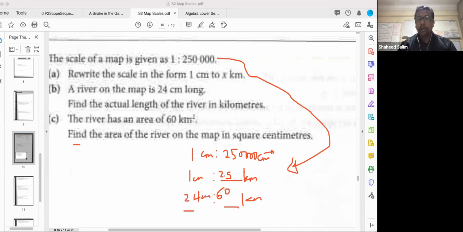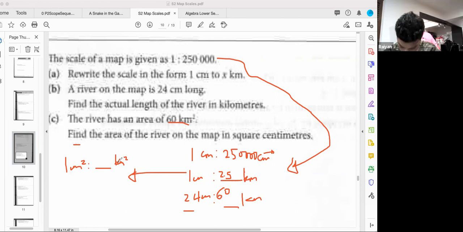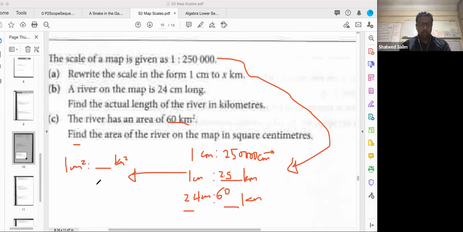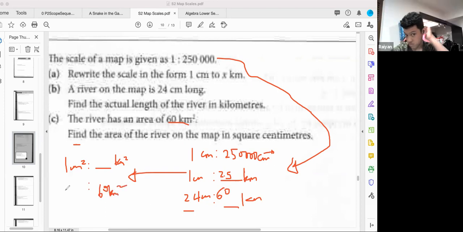Now the next one is area. So you do another one for area from here. You can do area now. 9.6 square cm.